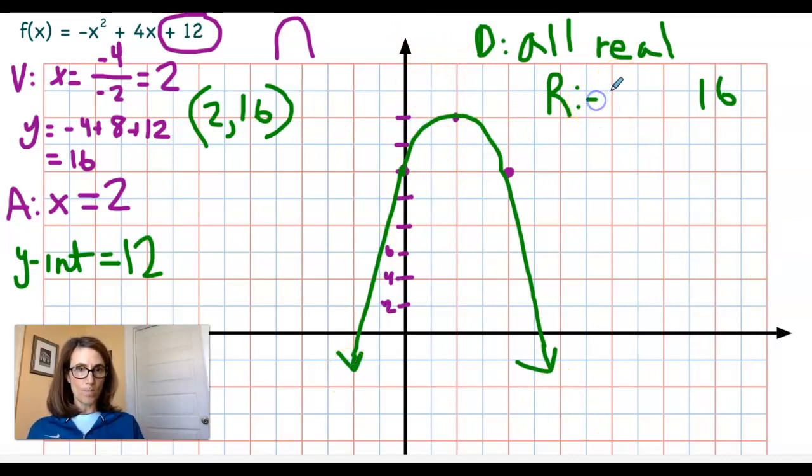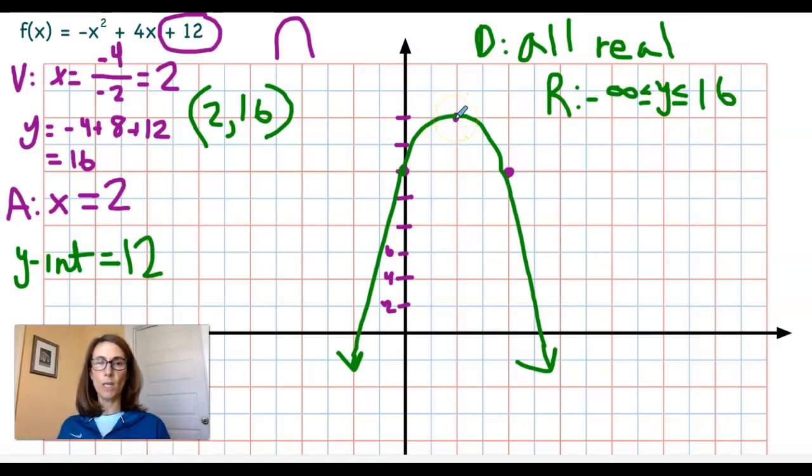So our range goes from negative infinity up to 16. So you always have to take that vertex point into account for your range, whether or not it's a minimum or a maximum value.